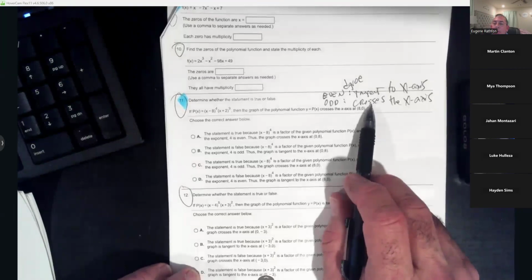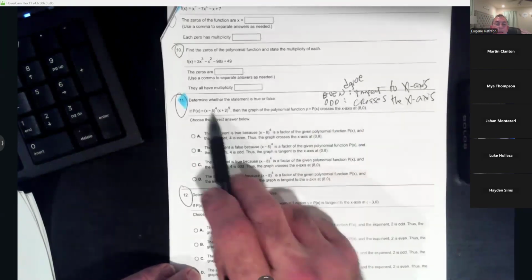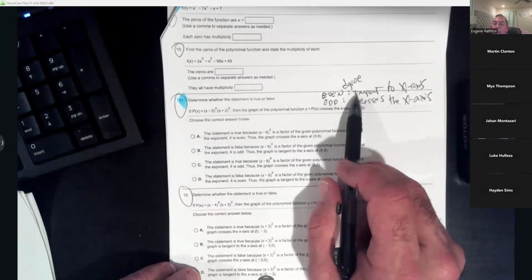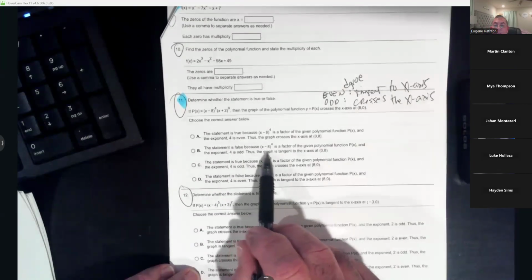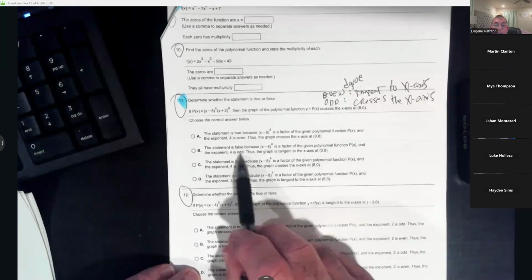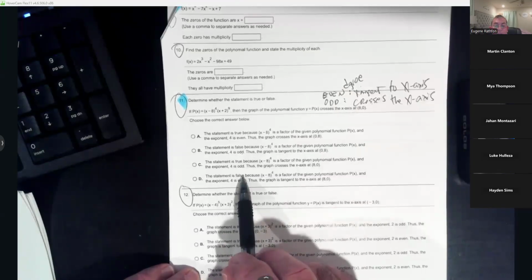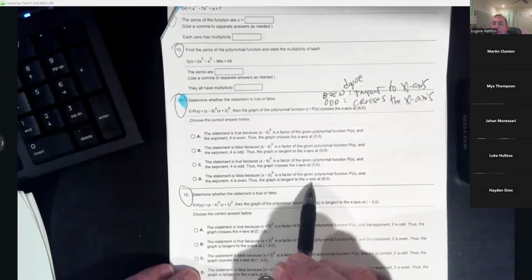So let me show you how they do them answers. I knew this was false because this was an even. See here, the false has this answer where they're saying 4 is odd, and then false has this answer where they're saying 4 is even, okay? And that made it tangent.